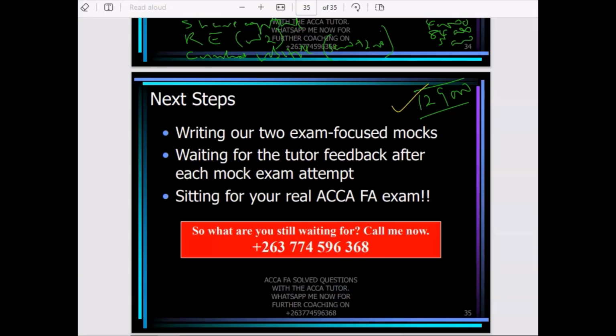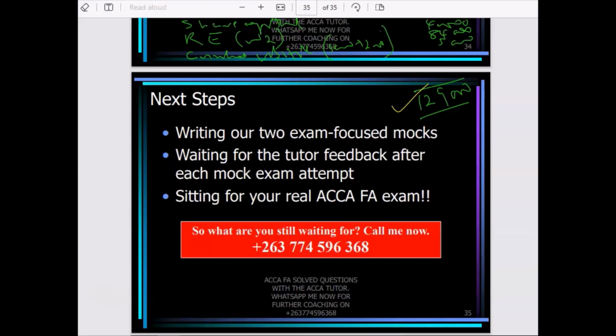If you fail the second mock, it means that you are not yet ready, and we might recommend you for further studies, where we will be grilling you again until you become the product we are confident of in terms of passing the ACCA examination.